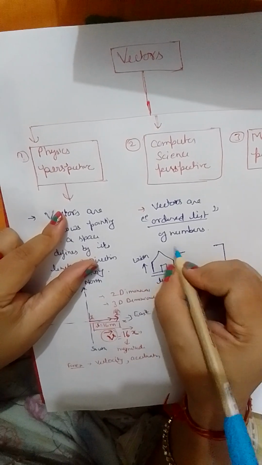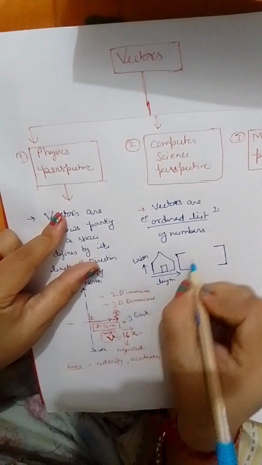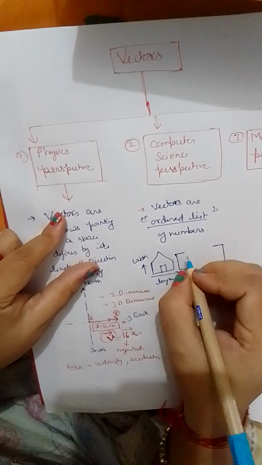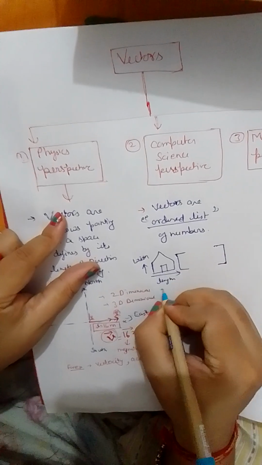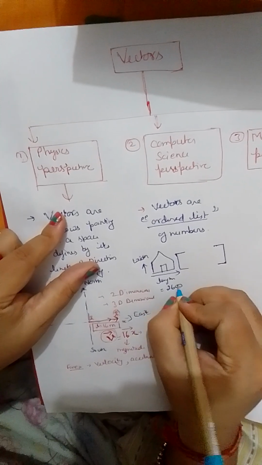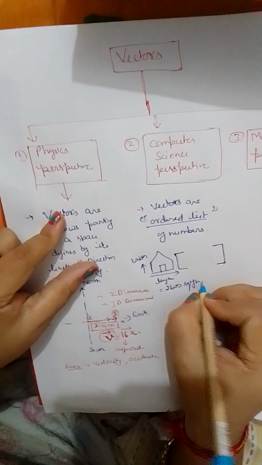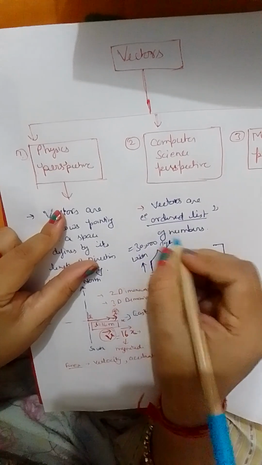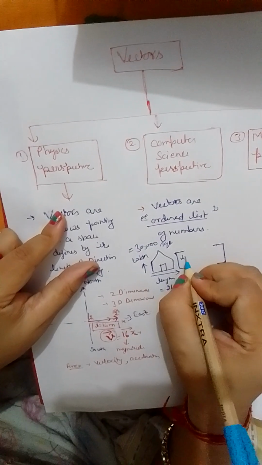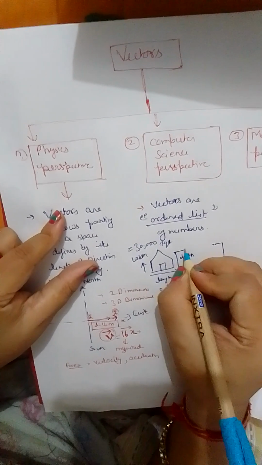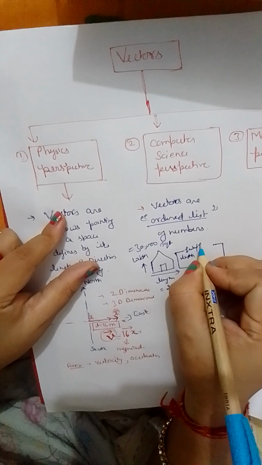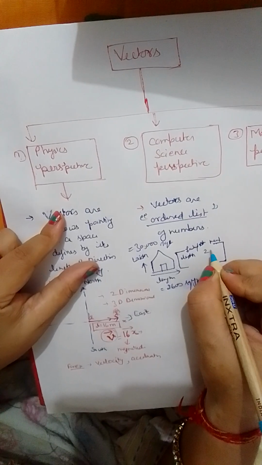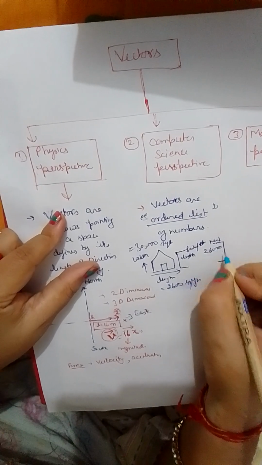how will they record my home statement? They will arrange this length and width in an ordered list. First they will see the length is, let's suppose, 2600 square feet, and the width is 30,000 square feet. So in an ordered list, first the length is the feature or attribute, and the number would be 2600 square feet.